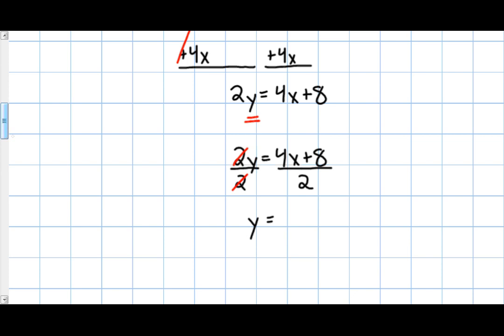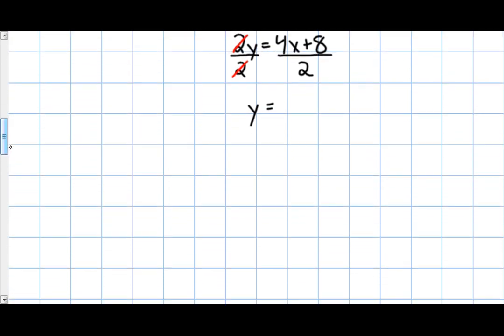Now over here on the right-hand side, I've got 4x plus 8. I can separate this out: 4x over 2 plus 8 over 2. That's just because the shared denominator can get split apart. Now I just reduce. 4 divided by 2 is 2. 8 divided by 2 is 4.